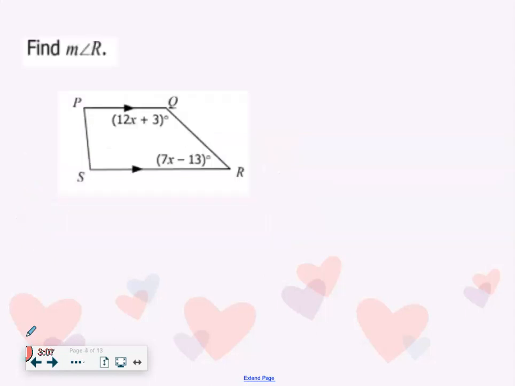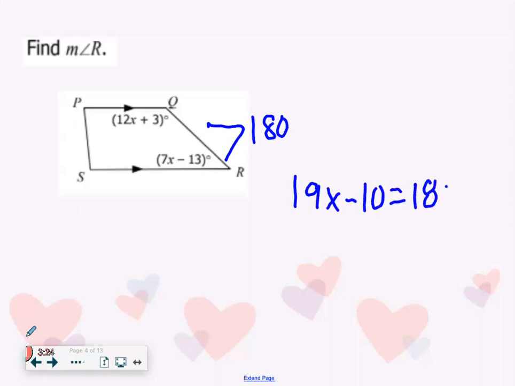Okay, what's our game plan to find the measure of angle R? You put them together. That's it. Let's do it. These guys have to: 19x minus 10 equals 180. I agree.